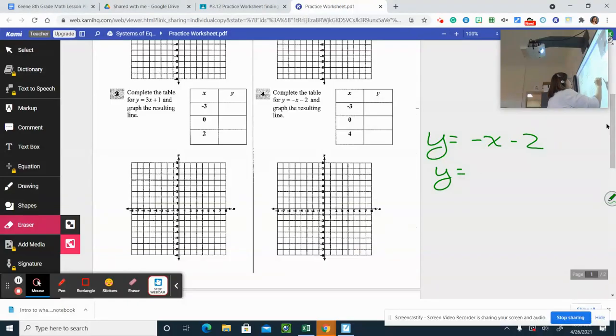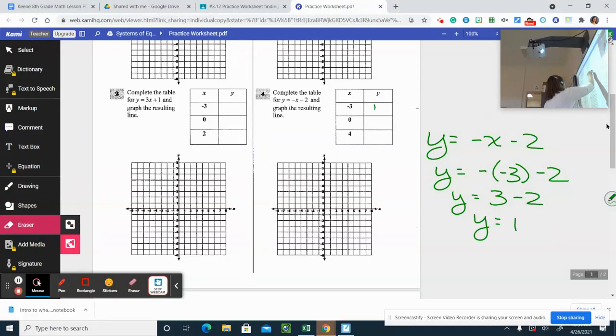So you are substituting the value in just for the x. On the first one, you end up with y equals -(-3) minus 2. Well, a negative times a negative is equal to a positive. So this is the same as 3 minus 2, which equals 1.